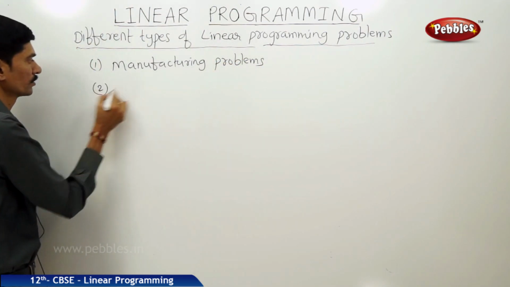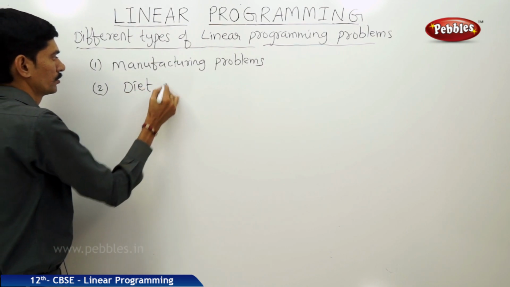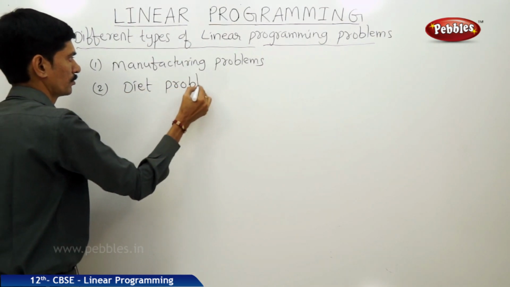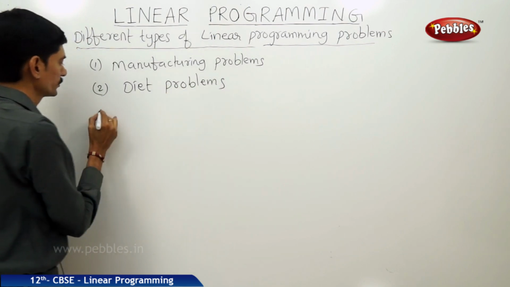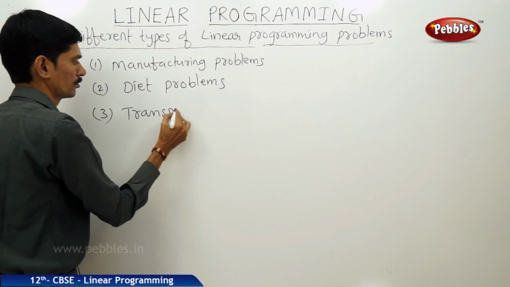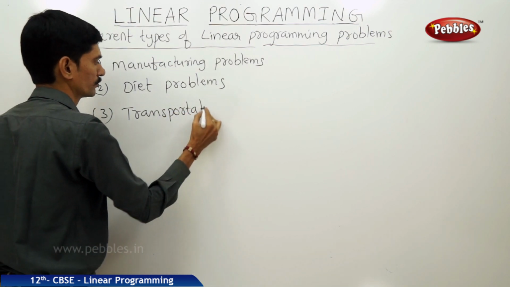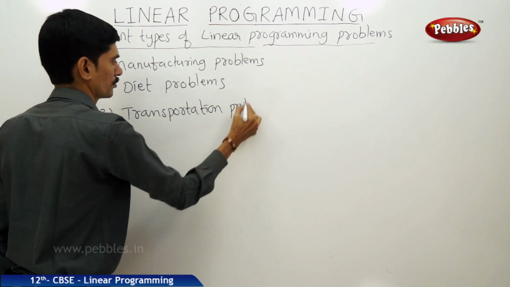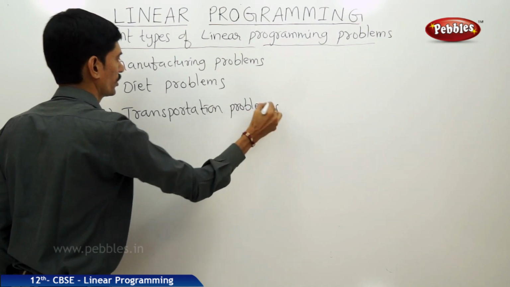Second one is diet problems. Third one is transportation problems.